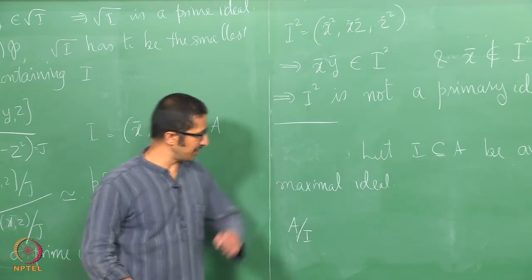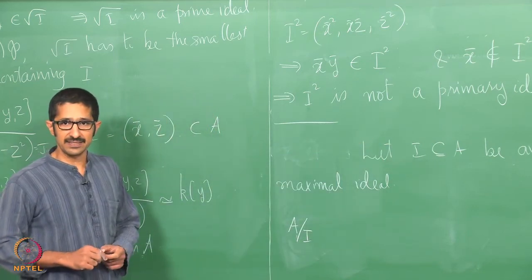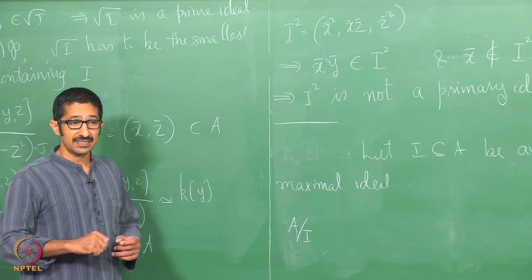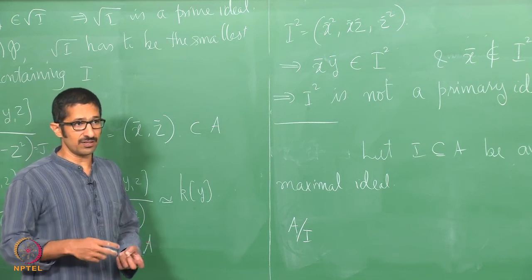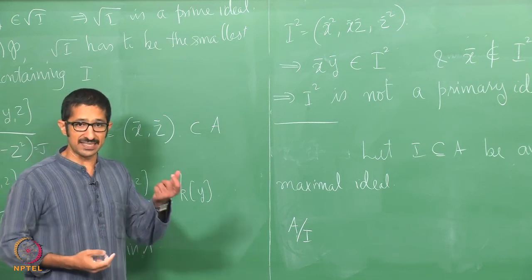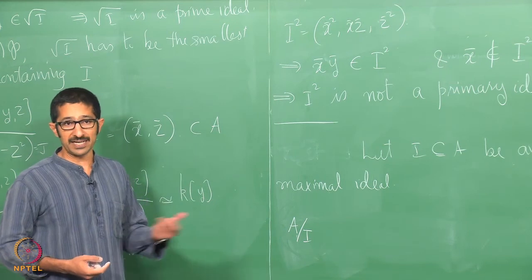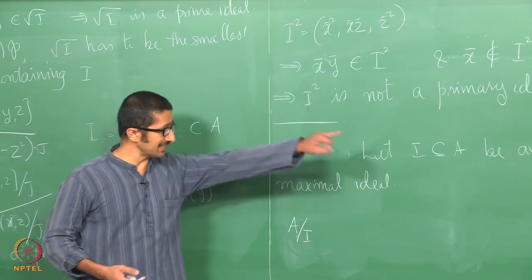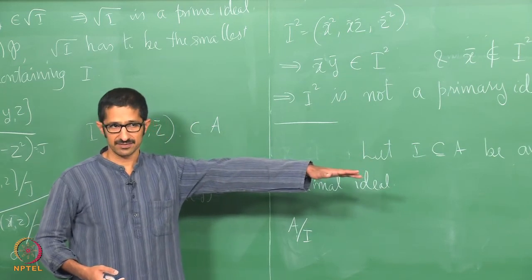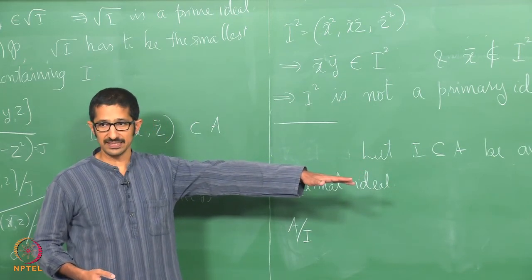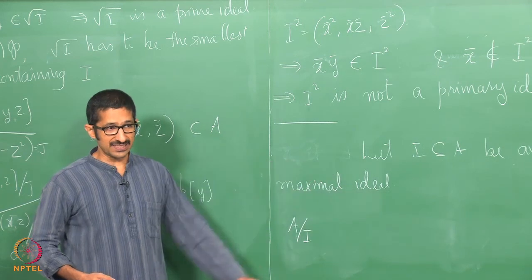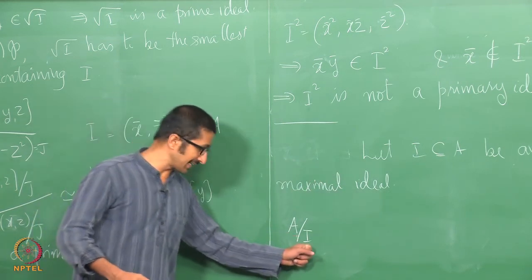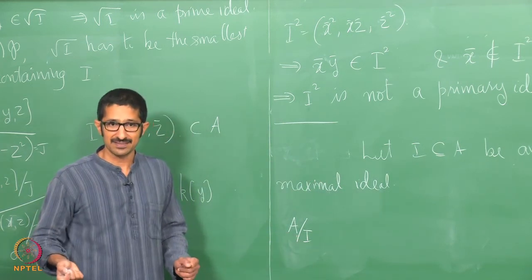Now, radical of I, what is radical of I? By definition or characterization, it is the intersection of all prime ideals containing I, and that is a maximal ideal, right. Intersection of all prime ideals containing I is a maximal ideal.